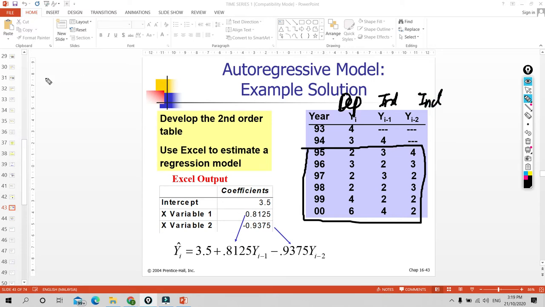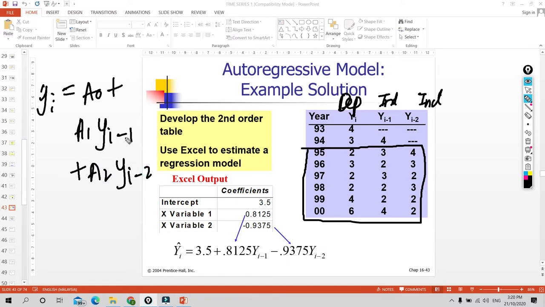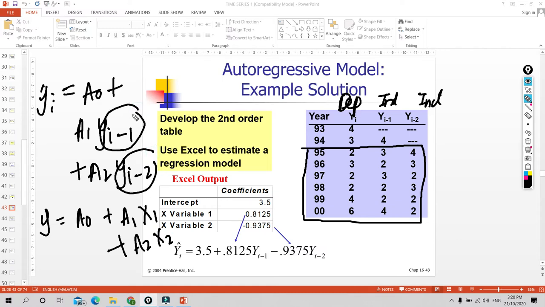So the model here is y i equal to a naught plus a1 y i minus 1 plus a2 y i minus 2. When we refer to the regression line, we always have y equal to a naught plus a1 x1 plus a2 x2. This is referred to x2 and this is referred to x1.